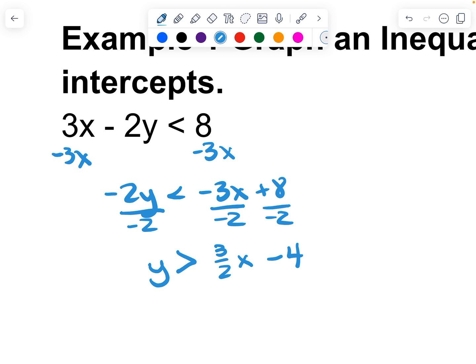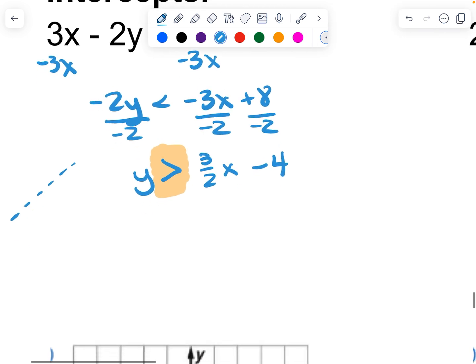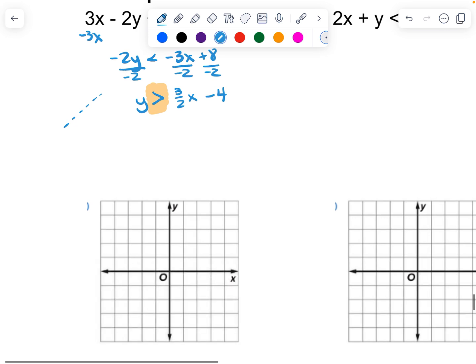As I'm looking at this, that's a greater than. It doesn't say or equal to, so that means this has to be a dotted line. And it's a positive slope, so we're going to be going up. First, I have a y-intercept of -4, so I come down to -4: 1, 2, 3, 4.